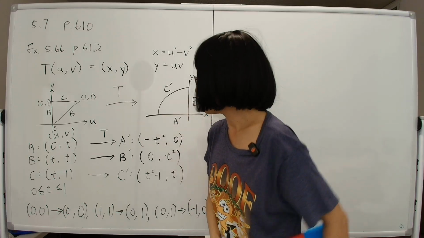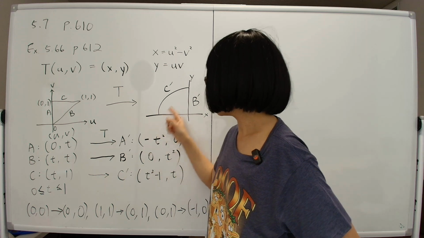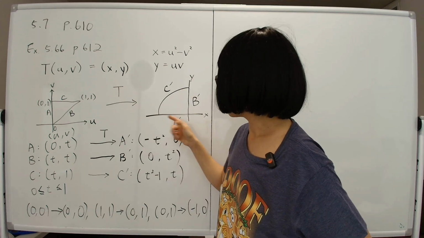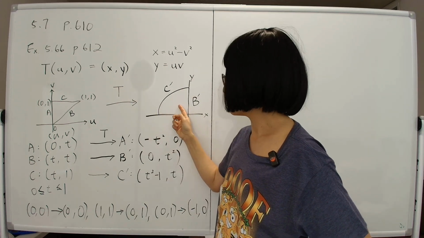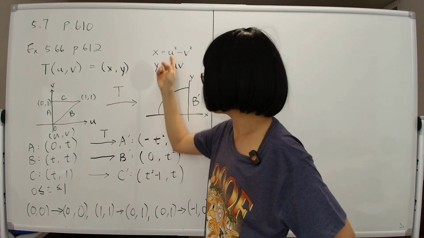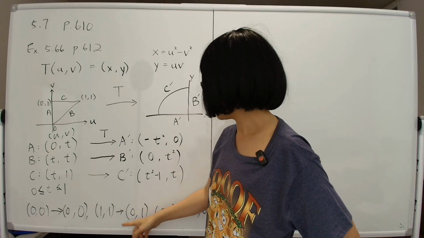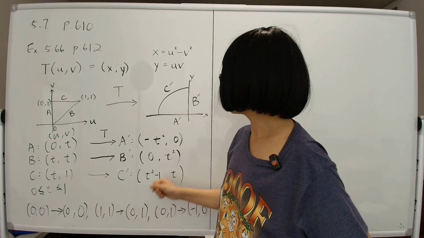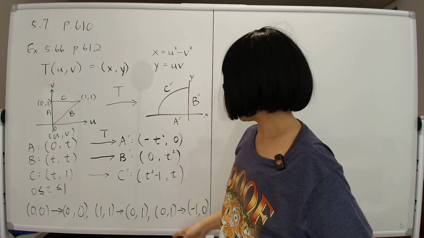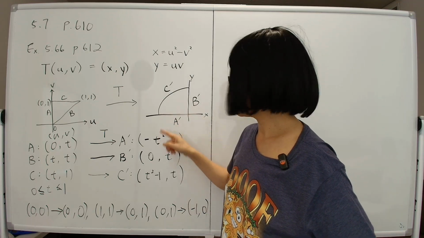So as you can see, the boundary of the region, at least, is being mapped by t this way. And then you can plug the points into this formula and get the same thing. (0, 0) will be mapped here, and (1, 1) will be mapped to (0, 1) up here, and (0, 1) will be mapped to (minus 1, 0) right here.